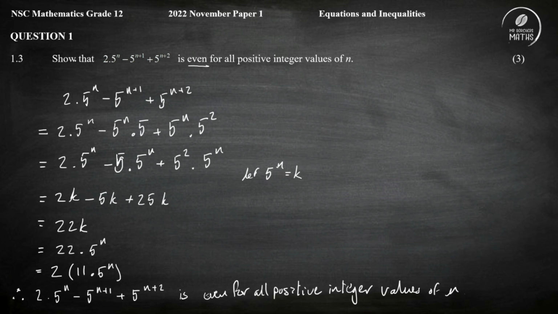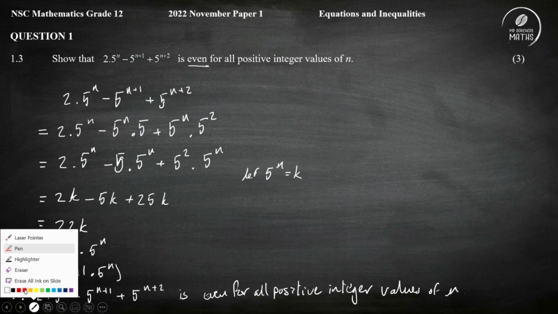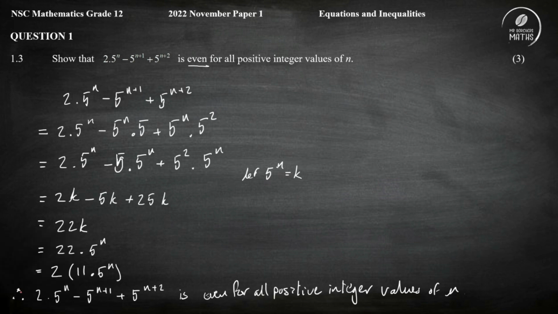Now what I've done there is I've just rewritten the statement that we are required to prove. Now, if you don't write that in, you might not lose marks, but it is a good idea to write it in.